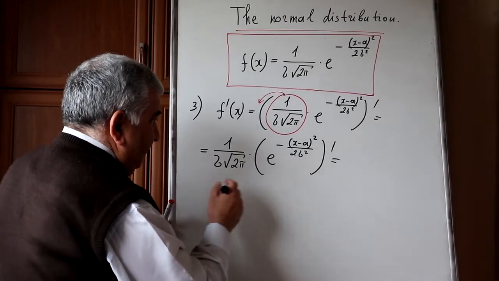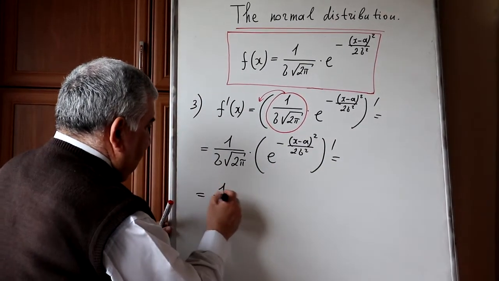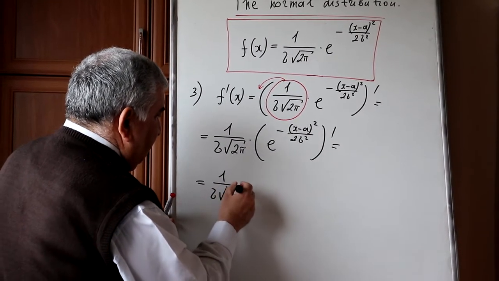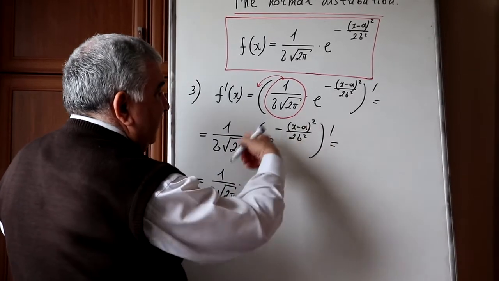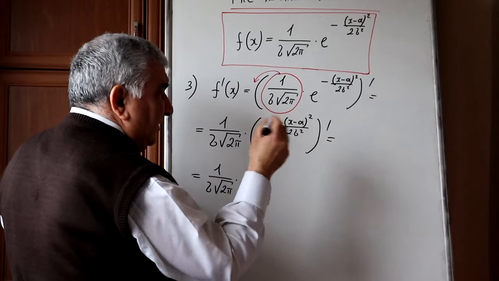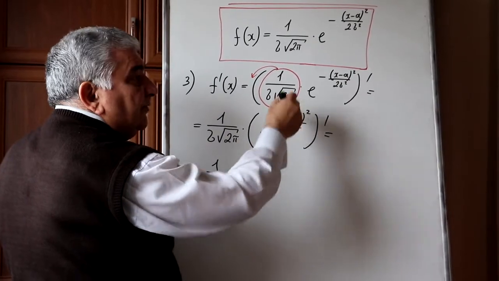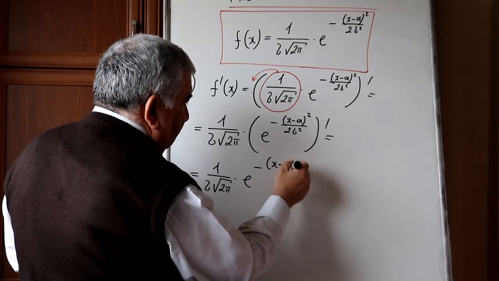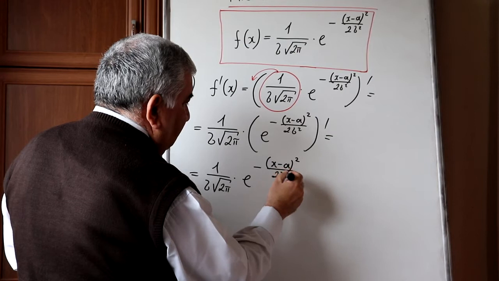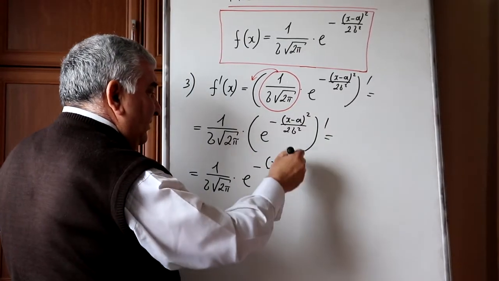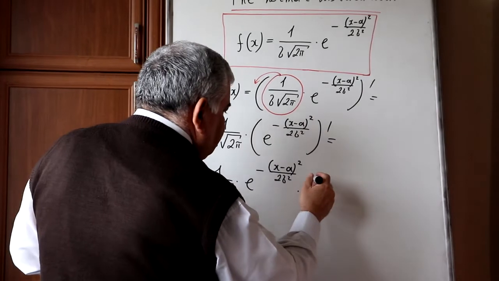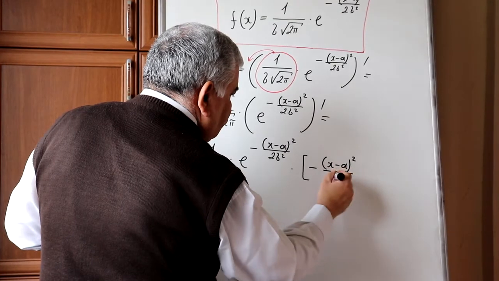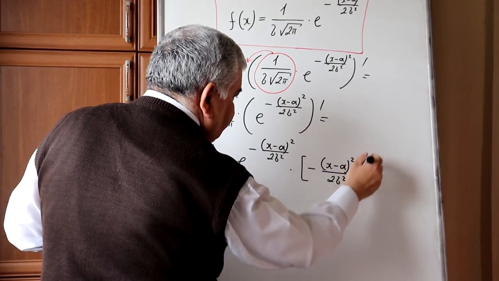That equals 1 over sigma multiplied by square root of 2 pi multiplied by the exponential function itself and multiplied by the derivative of its exponent, e to minus x minus a squared over 2 sigma squared multiplied by the derivative of this expression, minus x minus a squared over 2 sigma squared prime.